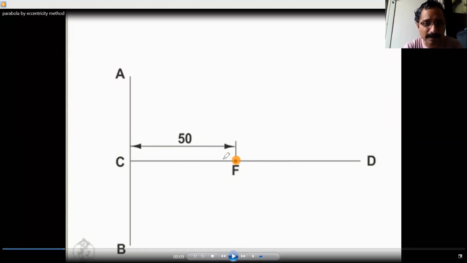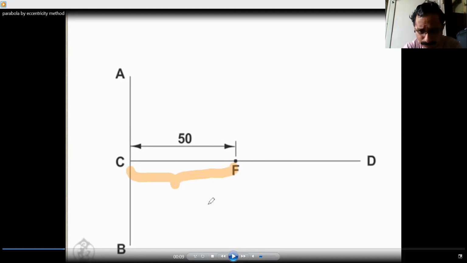So focus is marked at a distance of 50 mm from the directrix. After marking focus, now I want to mark the vertex. Marking of the vertex is done exactly at the midpoint of this CF, the midpoint of this focal length.